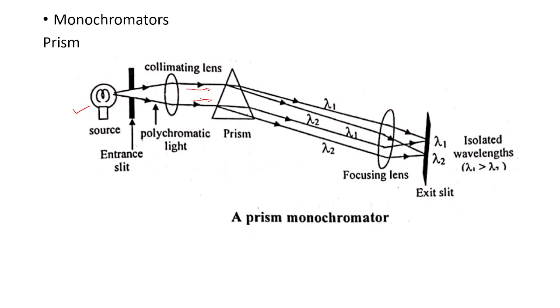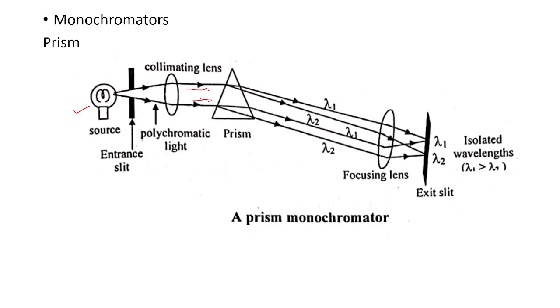After the exit lens, for example I will draw it here, this is the prism. When light comes out, this is one radiation, this is another radiation, this is a third radiation. All these radiations are monochromatic lights with different wavelengths.